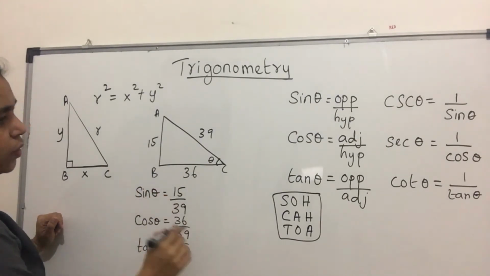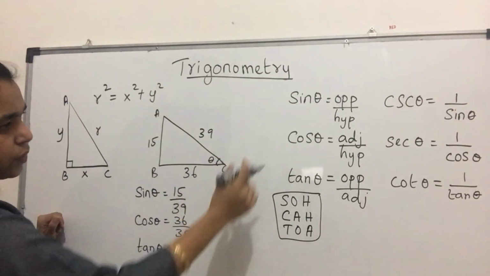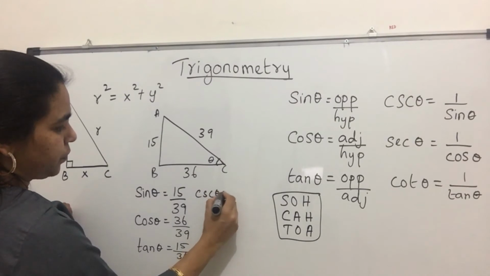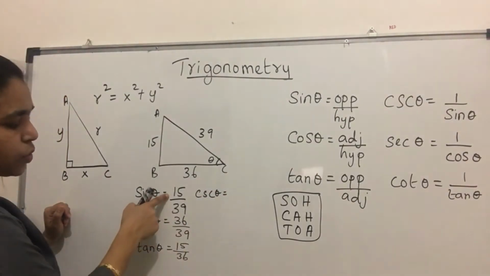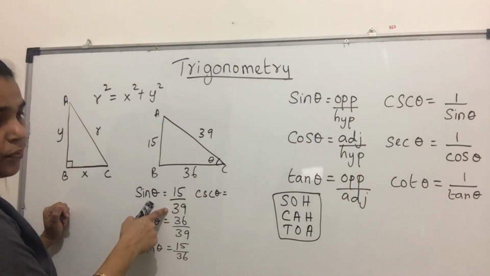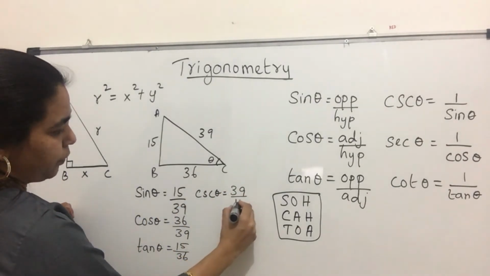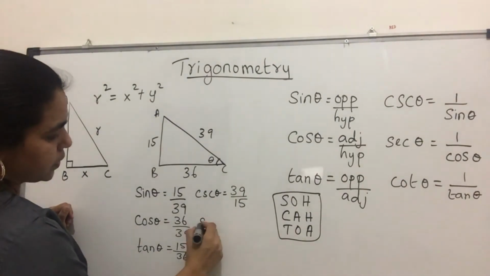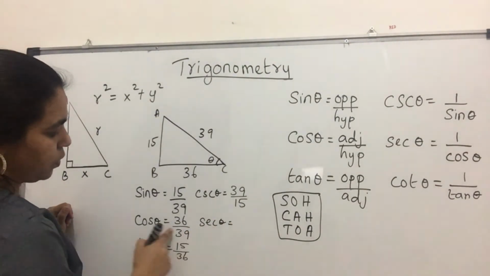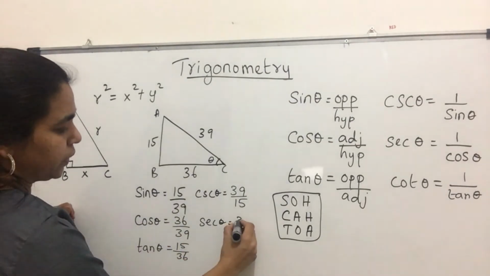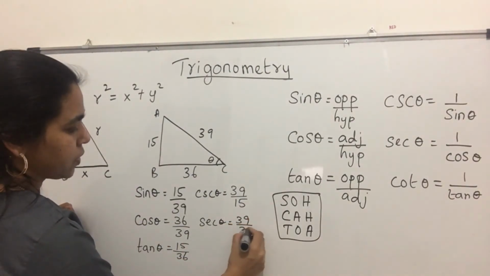If you want to find all 6 trigonometric functions, then you have to add the cosecant theta also. Cosecant theta is equal to 1 over sine theta, so you just have to flip this fraction, which is 39 over 15. Secant theta is the reciprocal, so just flip the numbers: 39 over 36.